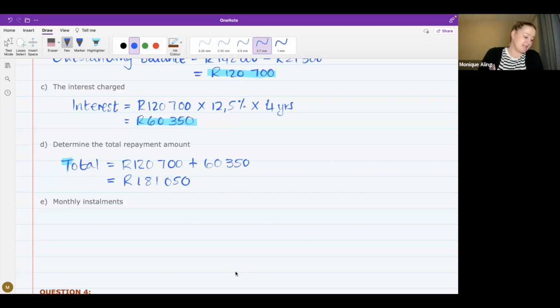What are you guys dividing by? Well, it's not 12 months times by 4 years. Nice, Ben.